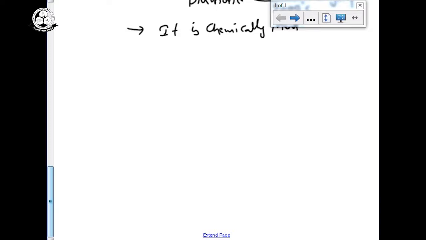Next we have to discuss graphite. It is also one of the most important crystalline forms of carbon.